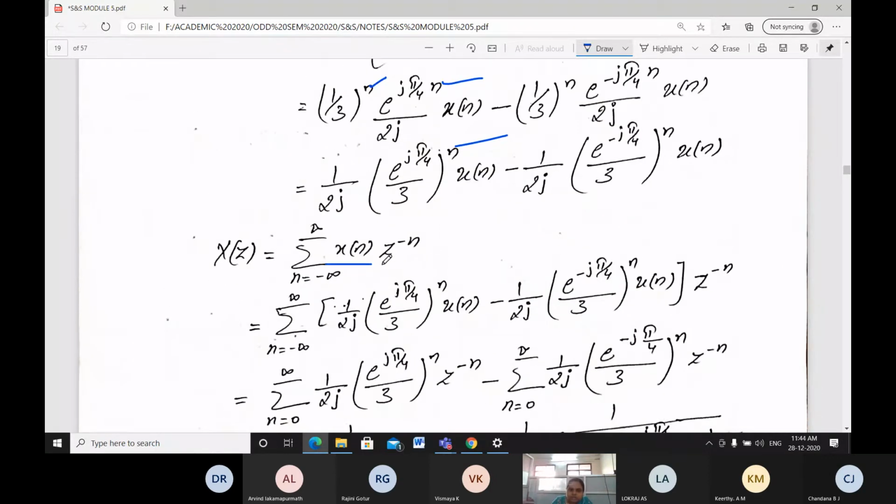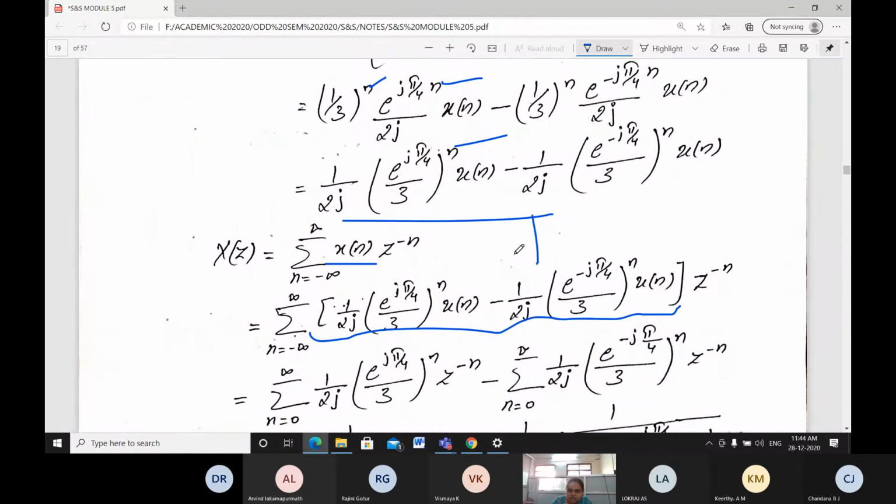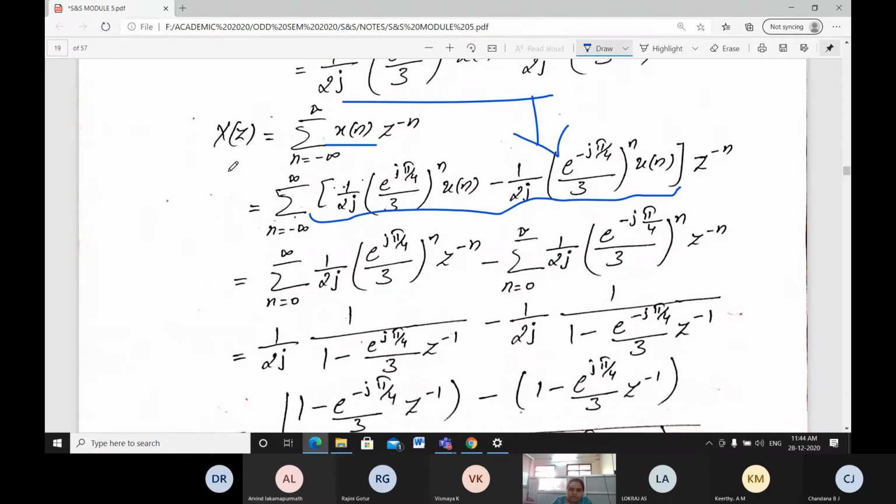Here we will be substituting for x of n now. Observe here, substituted the equation of this into z raised to minus n. Then this is the summation for both the terms. Then summation n is varying from 0 to infinity because of the u of n function.